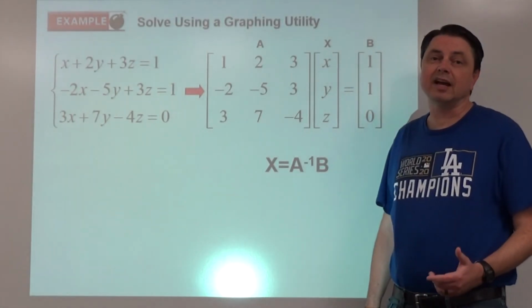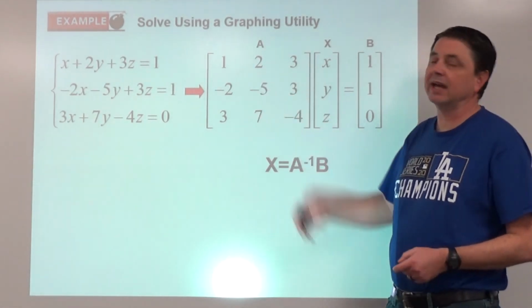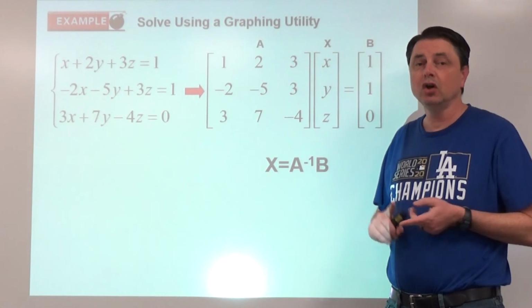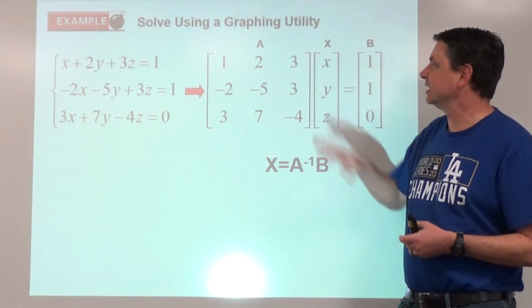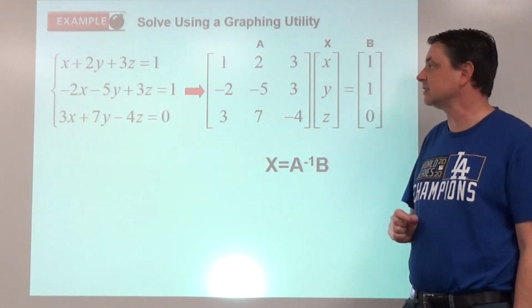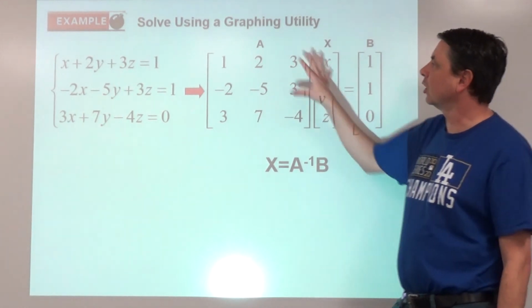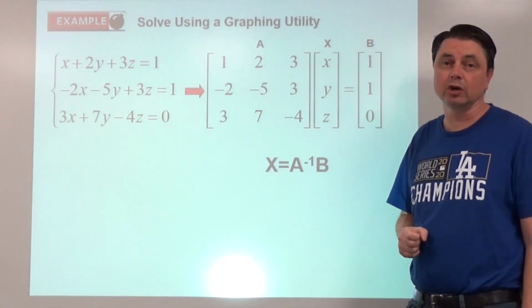Now, the only time that doesn't work is if our system has infinitely many or no solutions. The reason that it doesn't work in terms of the inverses is that in either of those cases, part of finding the inverse has to do with the determinant.